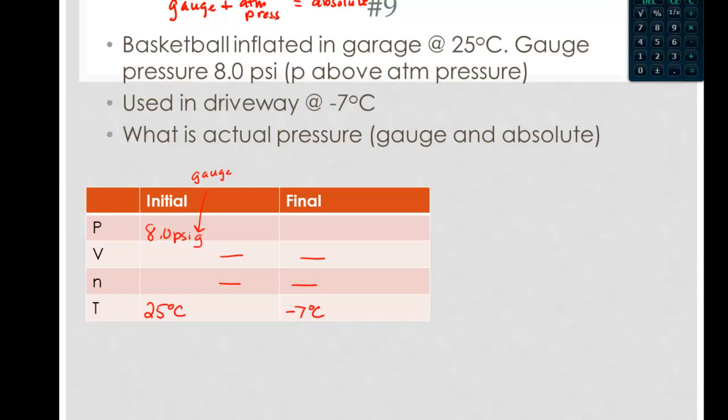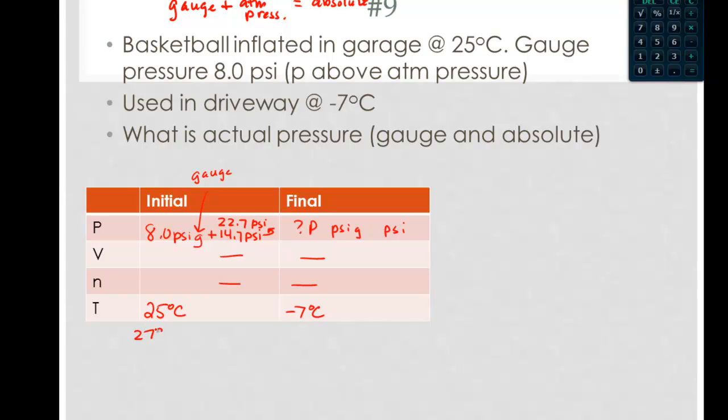And if atmospheric pressure is not given, you will use the normal atmospheric pressure. So we need to add 14.7 psi to this. And that will give us a total of 22.7 psi as our absolute pressure. And we want to know what the final pressure is, both in psi gauge and in just regular psi.